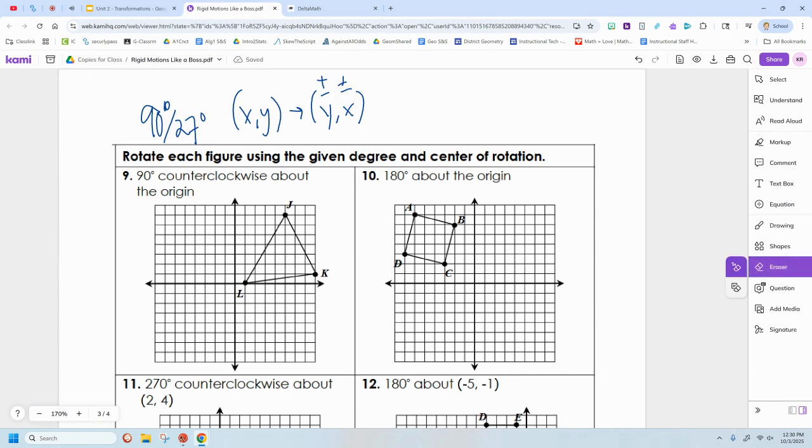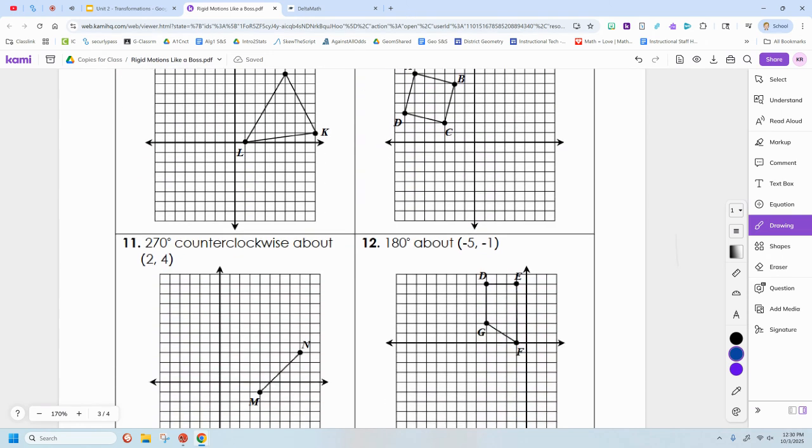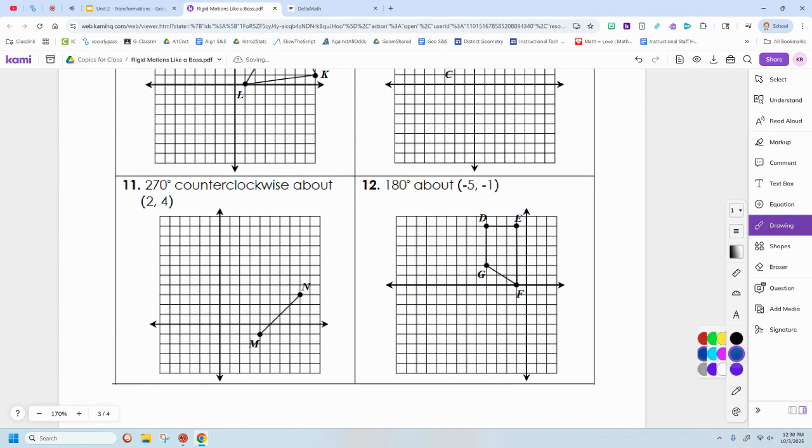If it's 180, it's (x, y) becomes (-x, -y). So you just change your signs on the things. Okay, so that's that. If I have a weird center of rotation, I'm going to draw the new axes. So Josh, you missed that, right? Rotation. Okay, it's not hard. Maybe I'll come over and do like 11 or 12 with you. So remember to draw new axes for these.